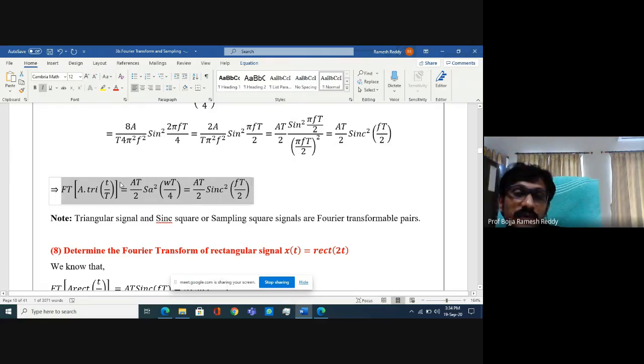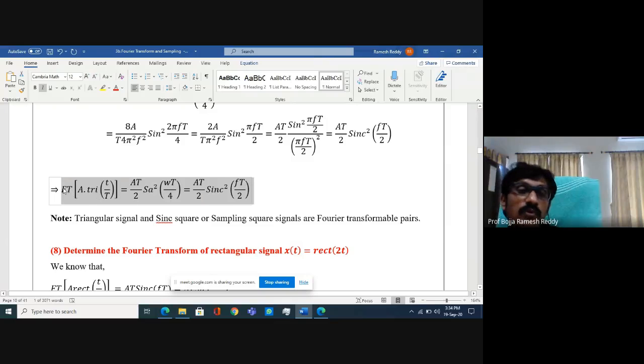See, if we differentiate sinc square, what becomes? It will become 2 sampling or 2 sinc, like differentiation of sin square theta, 2 sin theta into differentiation of sin theta. Here also, differentiation of sampling square is sampling. Differentiation of a triangular function is a rectangle. Rectangle and sinc functions are Fourier transform pairs. Triangle and sinc square functions are Fourier transform pairs.